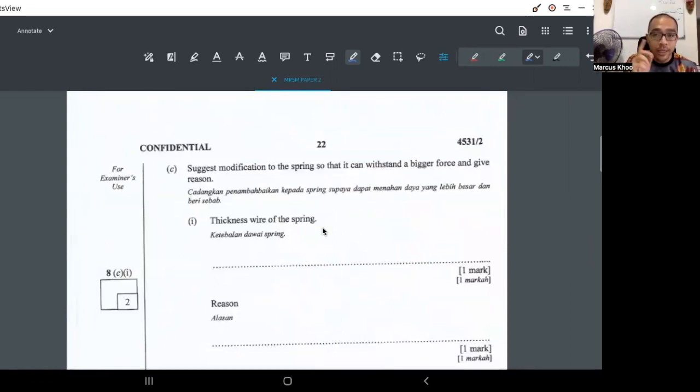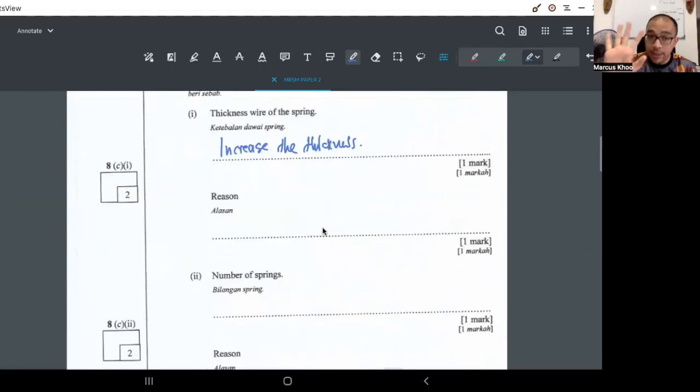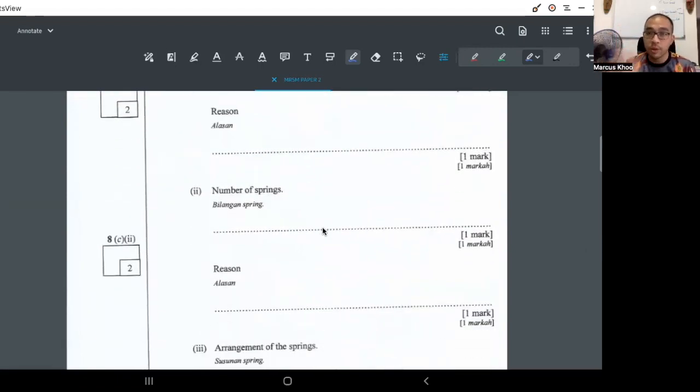So for the thickness of the wire of the spring, this is very logical. Would you make it thicker or thinner? Of course, you will increase the thickness. Use a thicker spring, because a thicker spring is more elastic, blah, blah, blah. Reason later, let me go to the modification first. Number of springs: one spring or more springs?